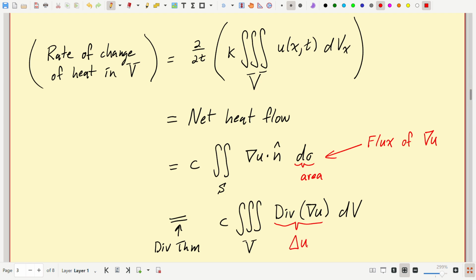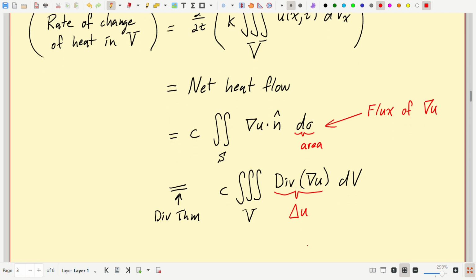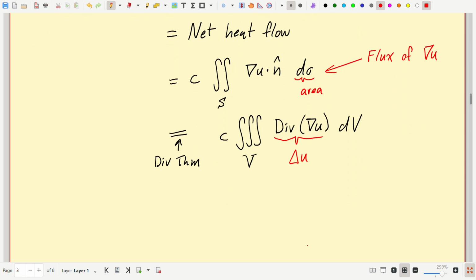And so when you do this game with the control volume in 3 dimensions, you get the integral over the solid volume. When I put that derivative underneath the integral sign, I would get k times du dt, and here I'd get minus c times the Laplacian, dV.